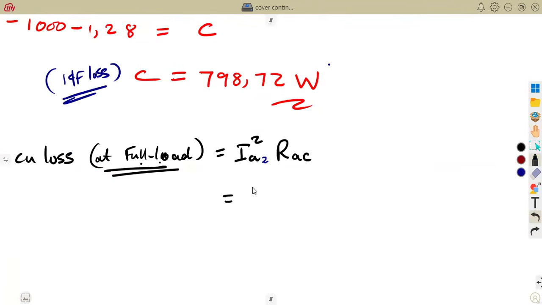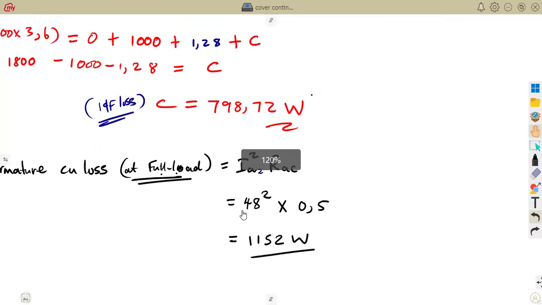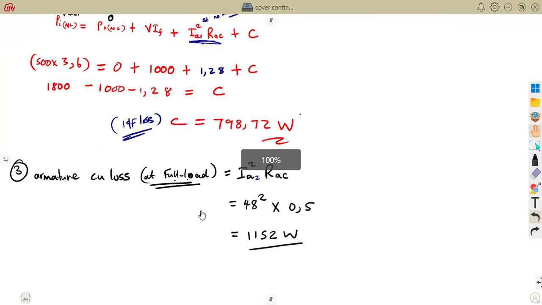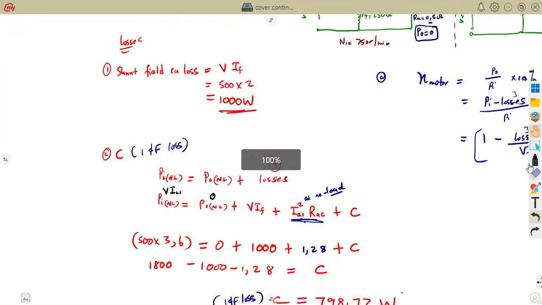The armature current at full load is 48. So that's 48 squared times the resistance of the armature circuit, which is 0.5. That was going to give us 1152 watts. That is the armature copper loss at full load. The three losses have been calculated. We are considering all three losses.